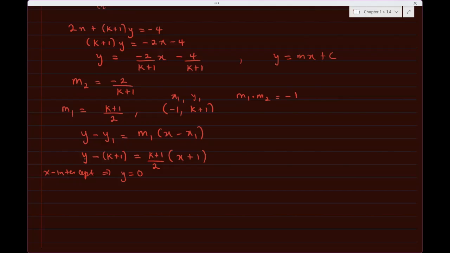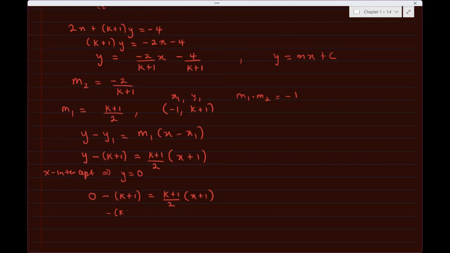So if we put y equals 0, here it will become 0 minus (k+1), and this is going to be (k+1)/2 times (x + 1).